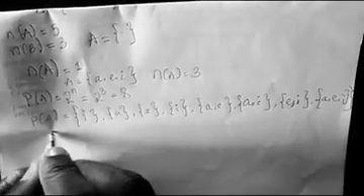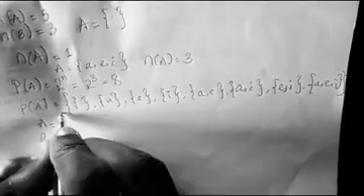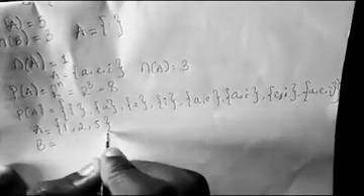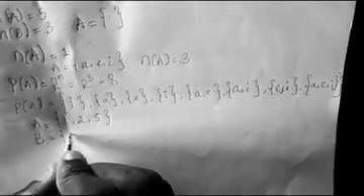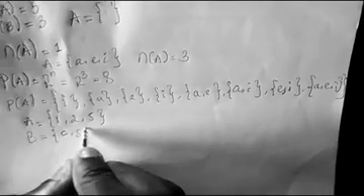Now, the next thing we have to know is subset and superset. So let's say I have A to be 1, 2, 5. And I have my B to be 2 and 5.